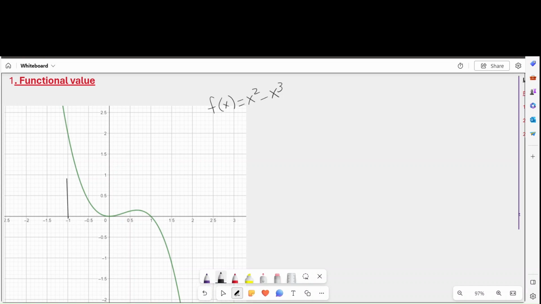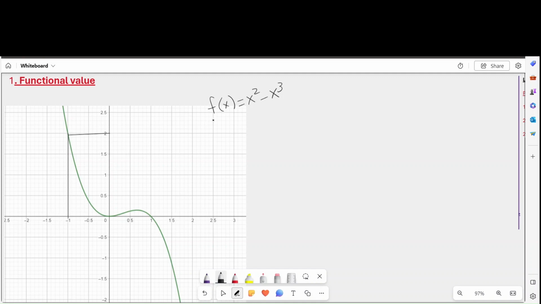If you draw a vertical line through -1 until the vertical line touches the graph like so, at this point, we draw a horizontal line towards the y-axis. This value is known as the functional value of x equals -1.